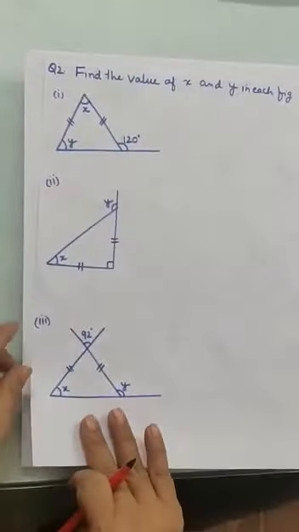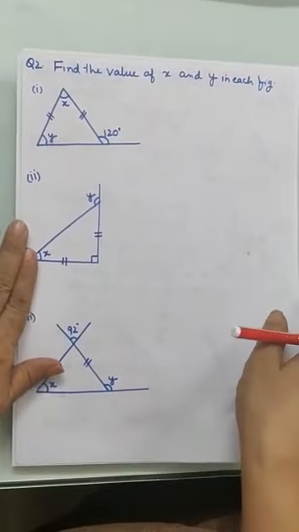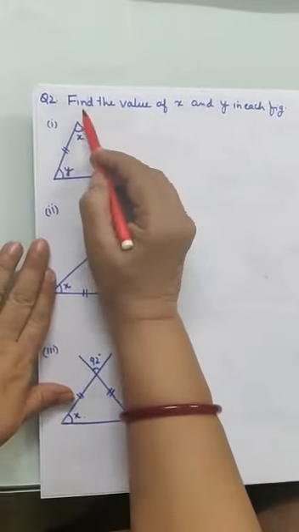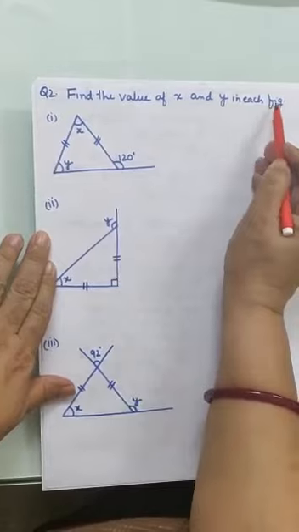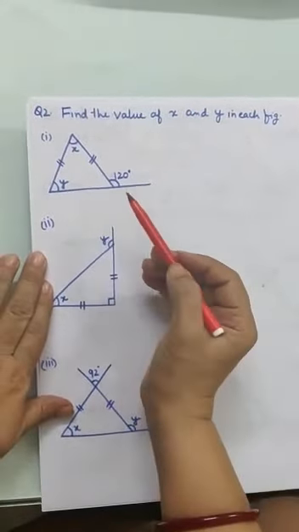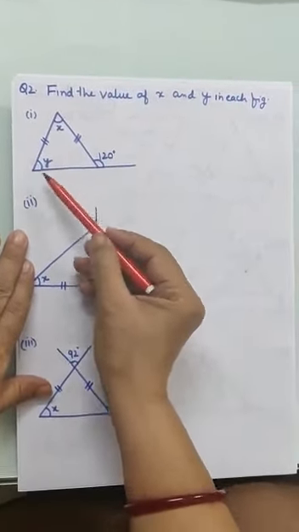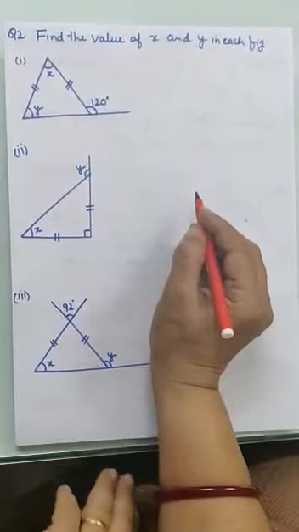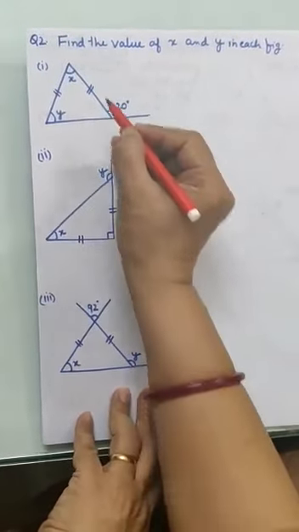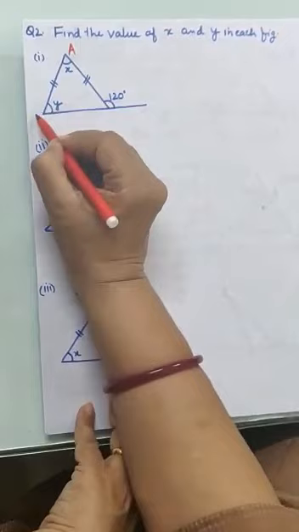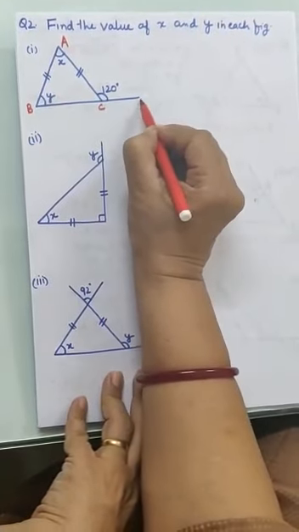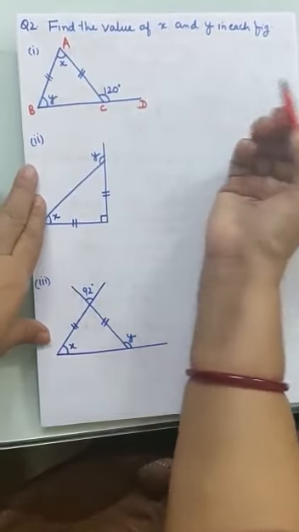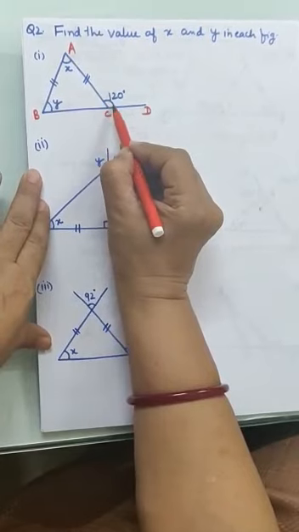Now the next question, question number 2. The question is, find the value of x and y in each of the following. We have to find x and y. Let us name the triangle A, B, C and D. Alright. Now the exterior angle is 120 degrees.